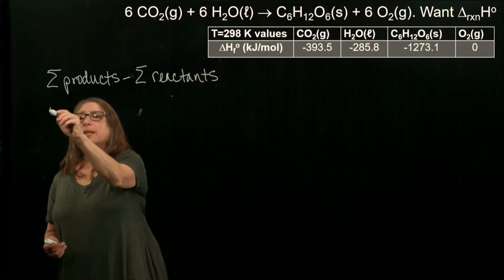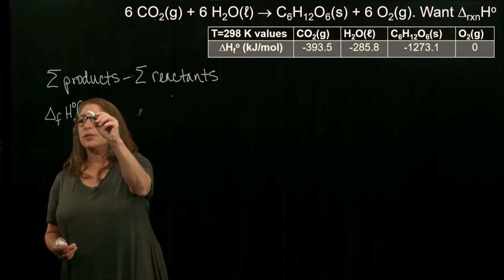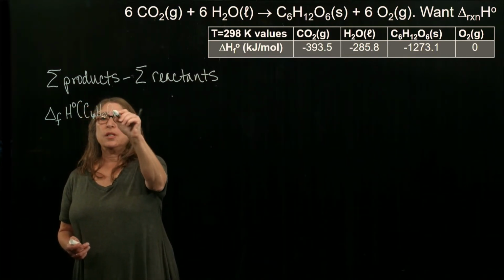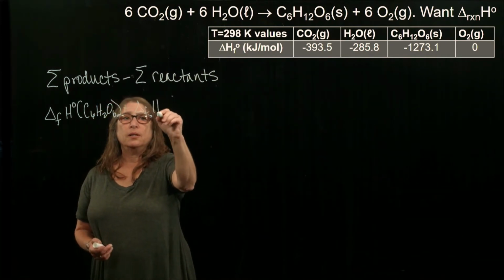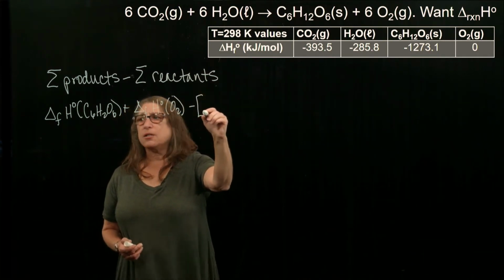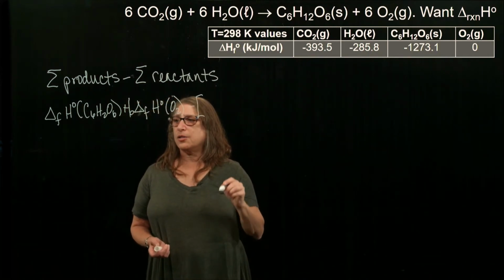And so it will look like this. We need the enthalpy of formation under standard conditions of C6H12O6, and we're going to add the enthalpy of formation for oxygen, and I need 6 enthalpies of formation for oxygen.